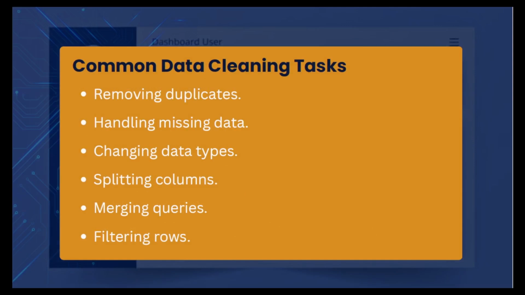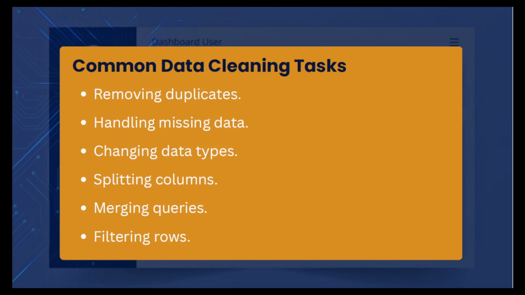So what are the common data cleaning tasks? First is removing duplicates. Duplicates are records that appear more than once. They're not supposed to be there. They're supposed to appear once. Unique records basically. Then we have handling missing data. Handling missing data would be, if there's any missing data, how do you fix it?